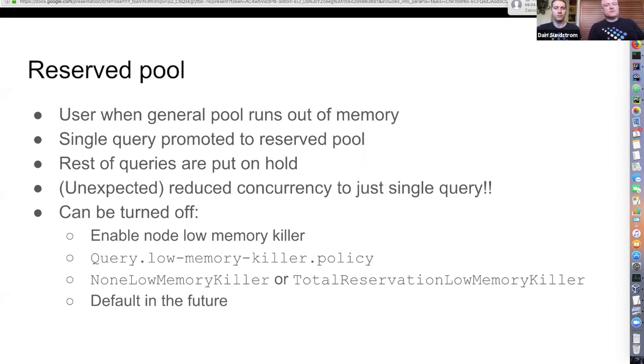The reserve pool solves that by picking one of them and saying, you're allowed to proceed. And so it does 2 things. It reserves a chunk of memory on every machine, and then it allows only one of the queries to proceed by saying you can now allocate from that special pool.